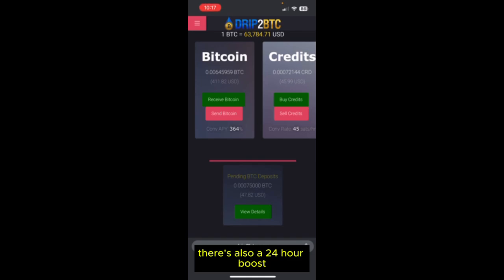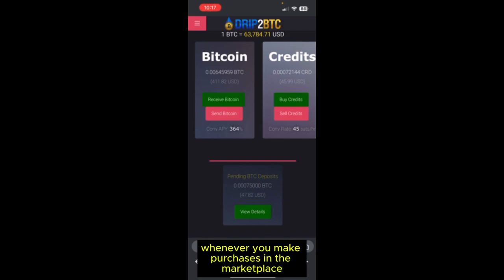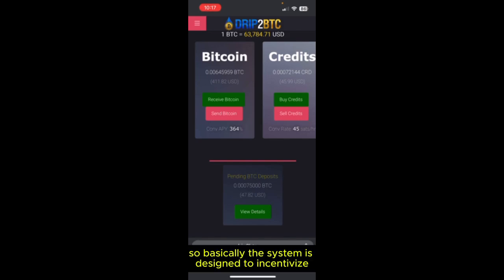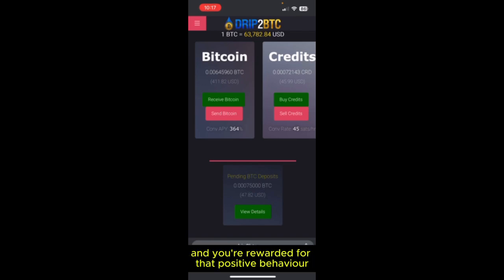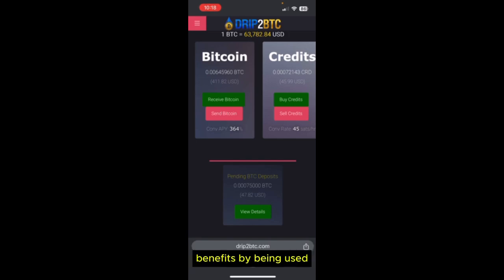There's also a 24-hour boost whenever you make purchases in the marketplace. So basically, the system is designed to incentivize you in a way that makes you continue to stack sats, and you're rewarded for that positive behavior by using the platform. So you benefit by using it, and the platform benefits by being used.